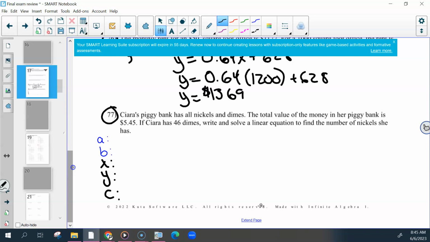So when you are comparing two different things, you'll have different variables instead of just Y, X, M, and B. The equation will be written in the format AX plus BY equals C. So whatever A is will be connected to X, whatever B is will be connected to Y. C in this case would be our total.